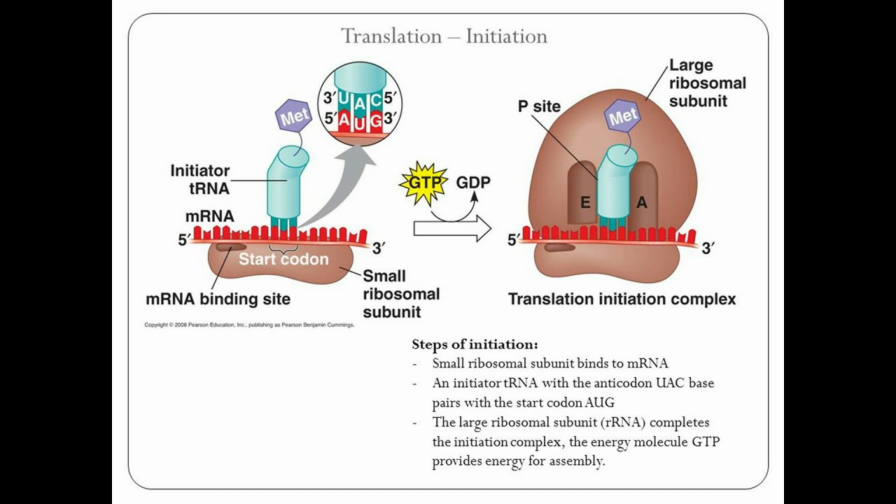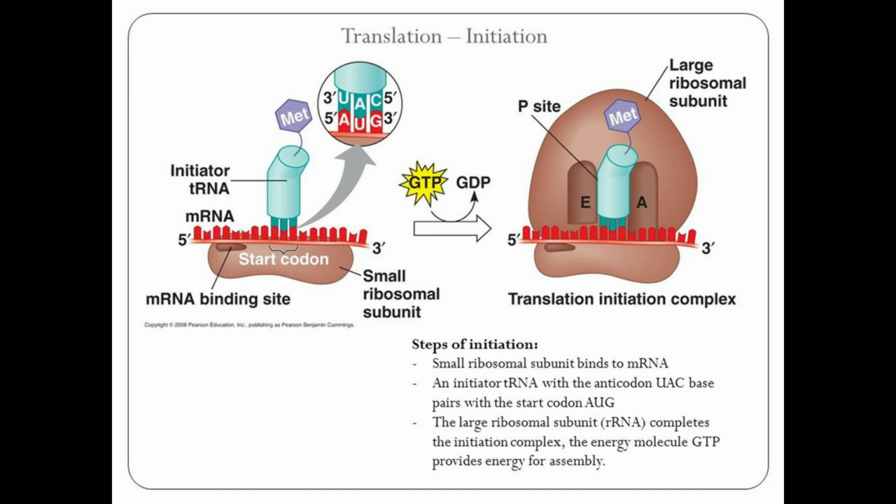What is meant by initiator tRNA? Initiator tRNA is always that tRNA which brings methionine, the amino acid methionine. That is why it is called initiator tRNA. So, the codon for methionine is AUG.